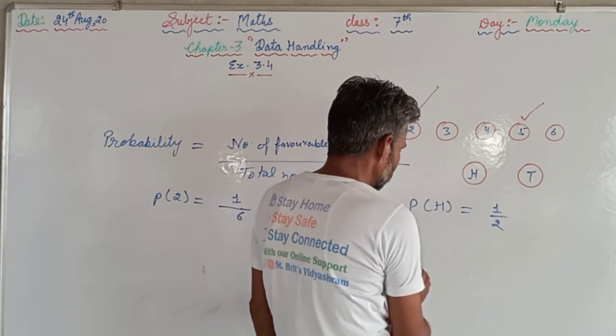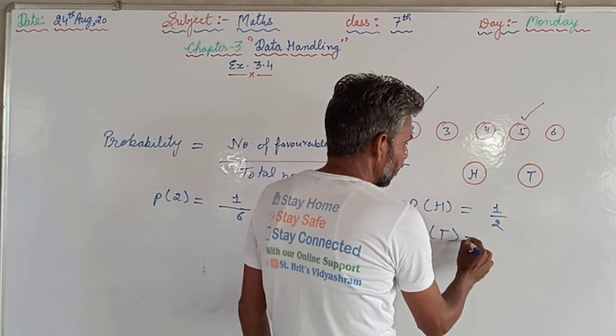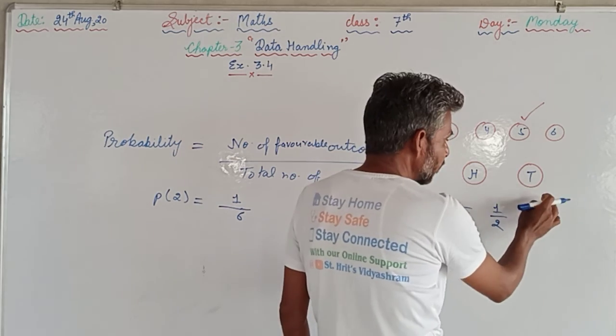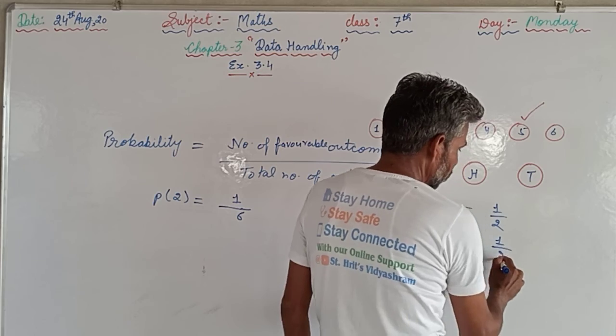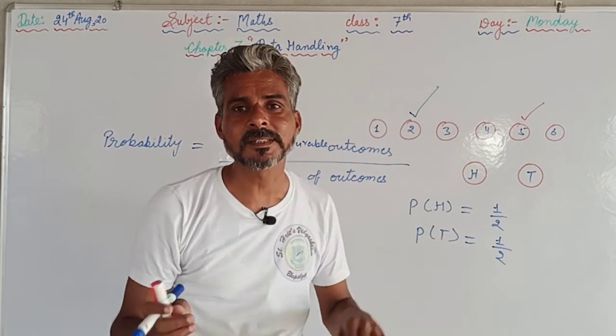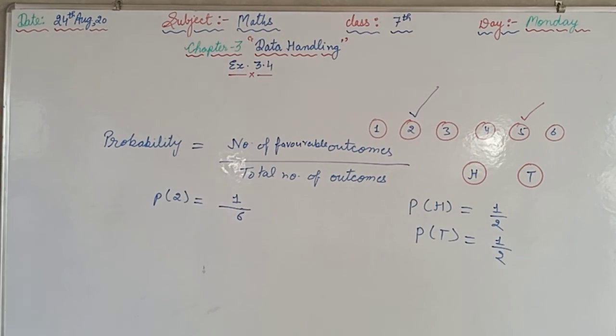Total is 2. Probability of getting tail, favorable 1, total 2. 1 upon 2 means 50% chance. So the answer to what is the probability that your team will start is 1 upon 2.